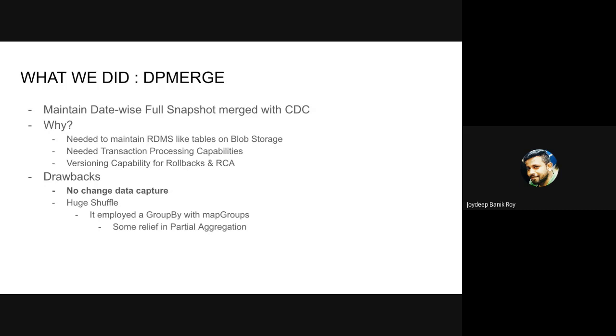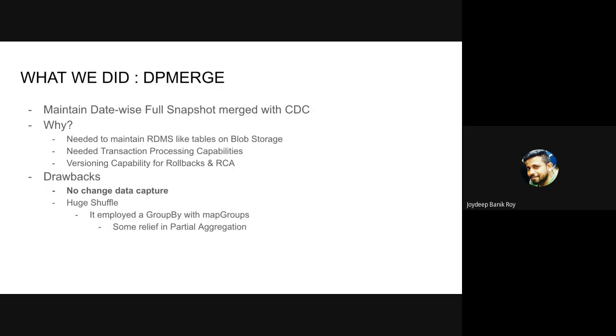So that is one. Second, we needed transaction processing capability. So we have a concept of versions in our pipeline. In our profile store as well, you have versions. So whatever query you're running on a previous version will have a very different result from what you're running on the current version, right?